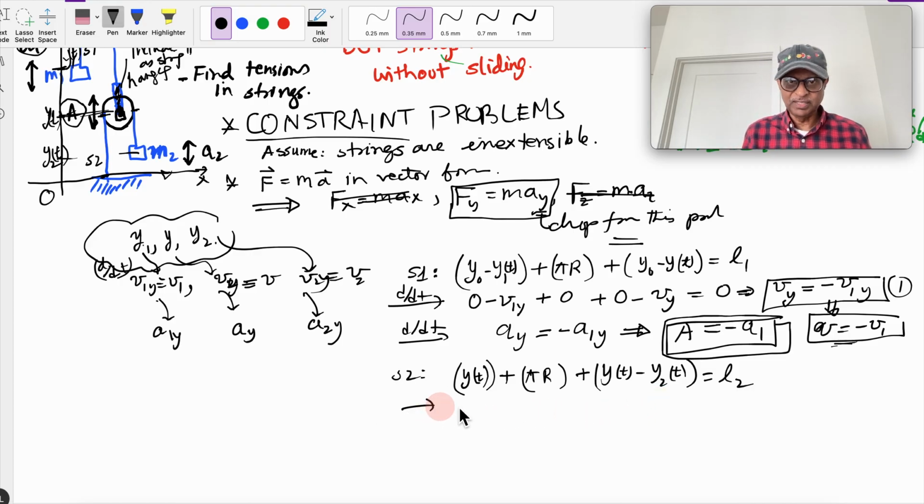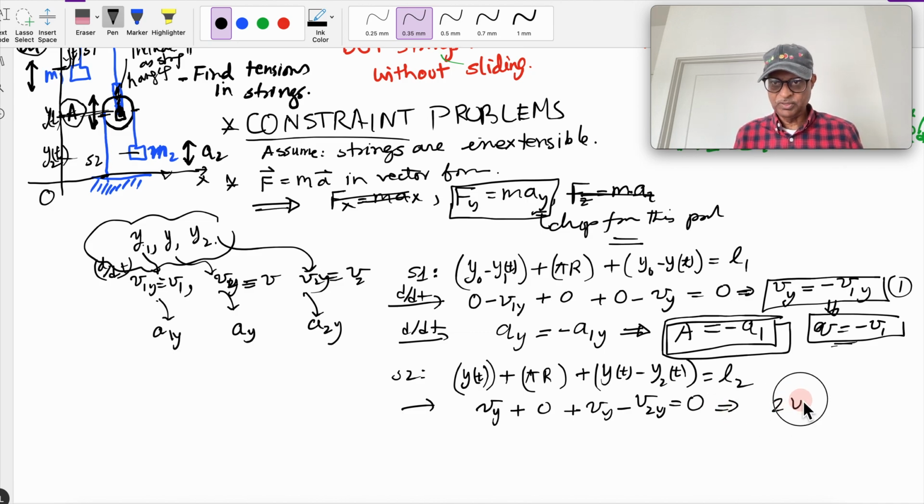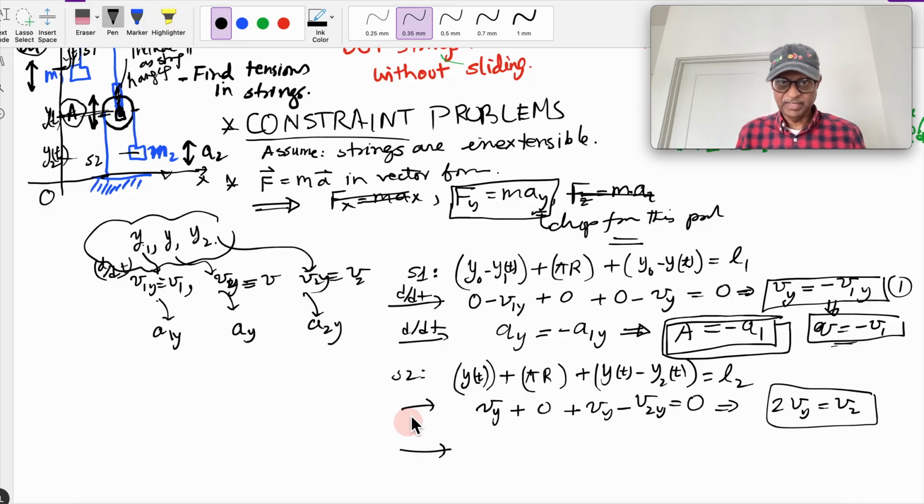And this is going to be the length of the second string. Now, to do the same thing, it's going to be vy plus 0 plus vy minus v2y equal to 0. So this is just going to be 2vy equals v2. Take a time derivative again. So this is one d/dt.